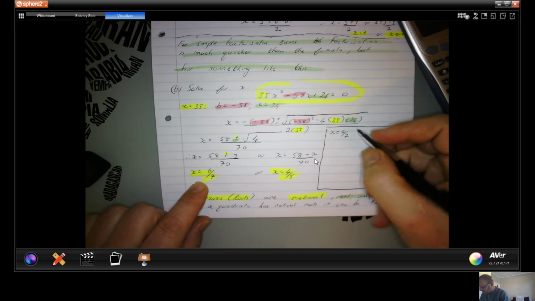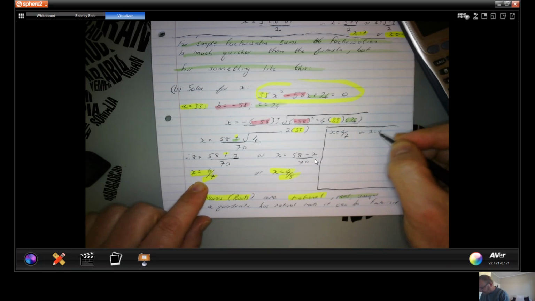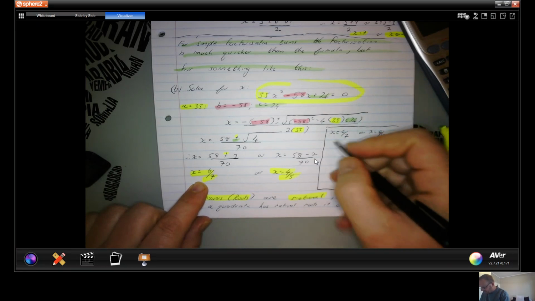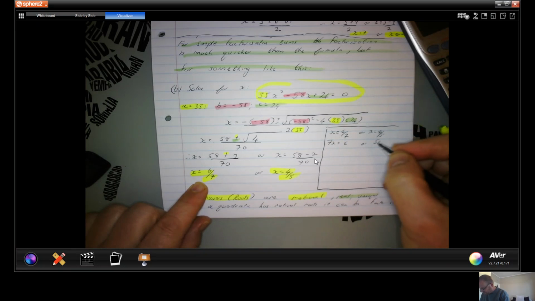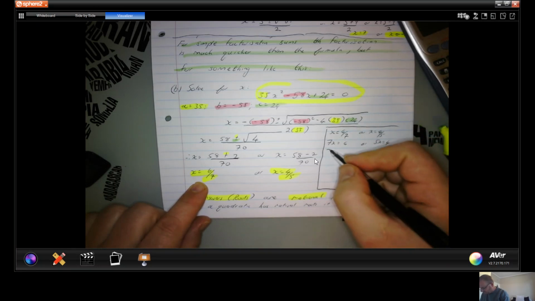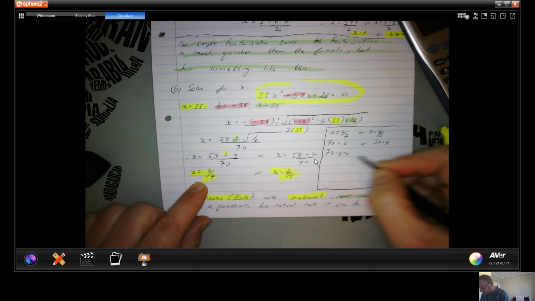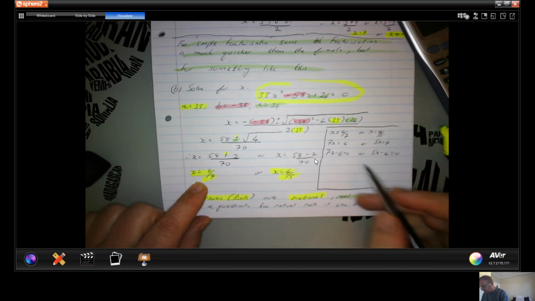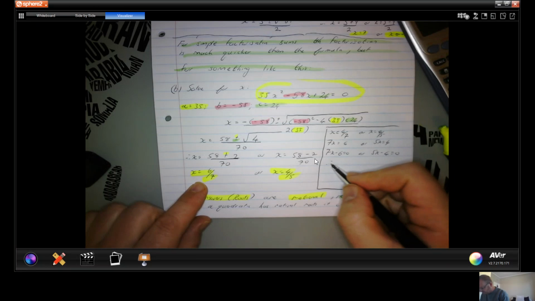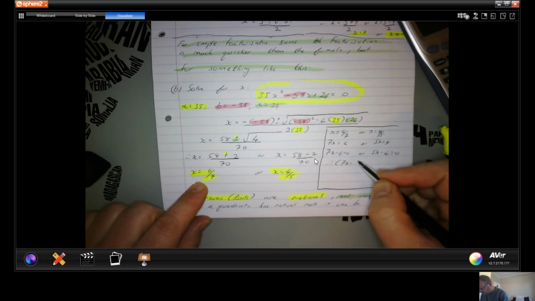If x is 6 over 7 or x is equal to 4 over 5, it means that 7x is equal to 6, or times by 5, 5x is equal to 4, which means 7x minus 6 is 0, or 5x minus 4 is 0, and if one of them is 0, it means that if you times them together, you'd get an answer of 0.